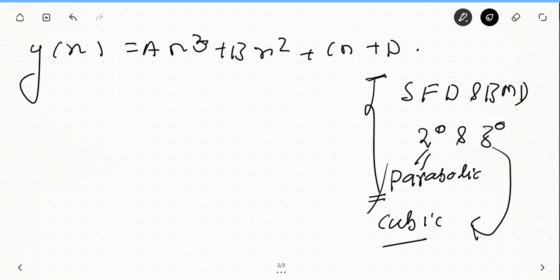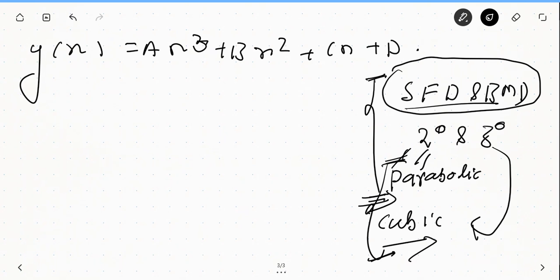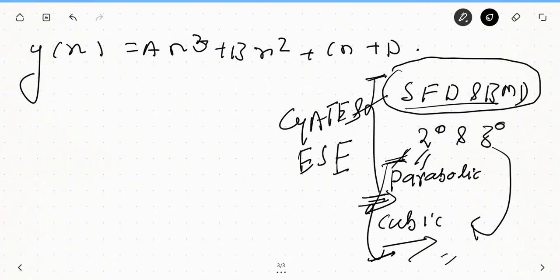We must focus on these two types only, because we will encounter only these two types of curve while discussing the whole SFD and BMD concerning the syllabus of GATE and IES. So it is not necessary that we discuss the 4th power or 5th power, or 6th power, higher orders. The required ones are parabolic and cubic curves.